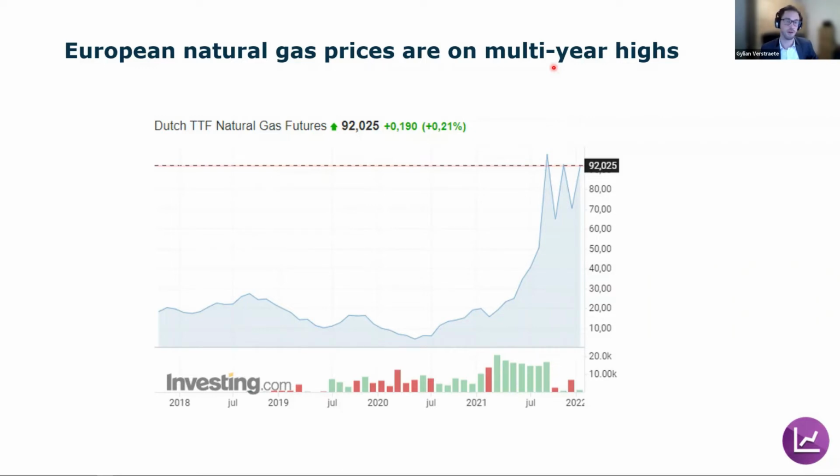Inventories of natural gas in Europe are near their 10-year low. And supplies have also been lower than usual. So that's a very dangerous environment and leads to really high gas prices. So we're seeing a multi-year high there as well.